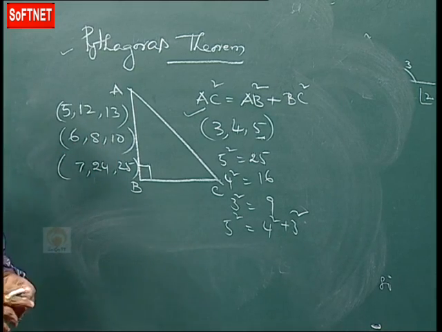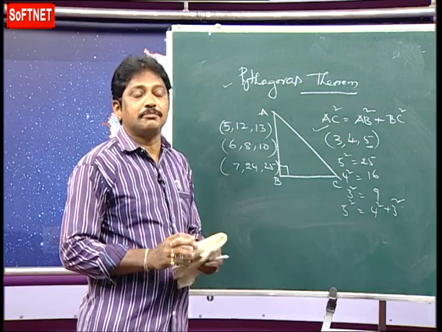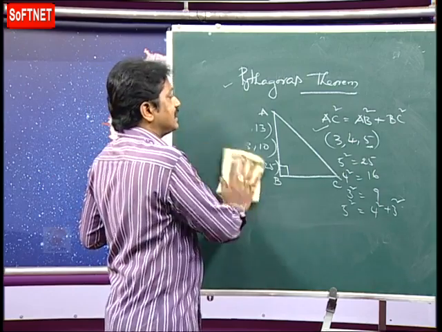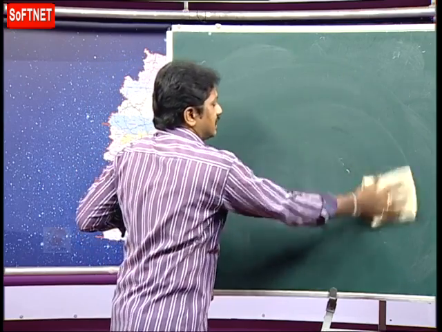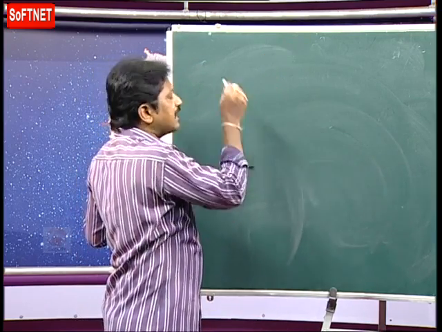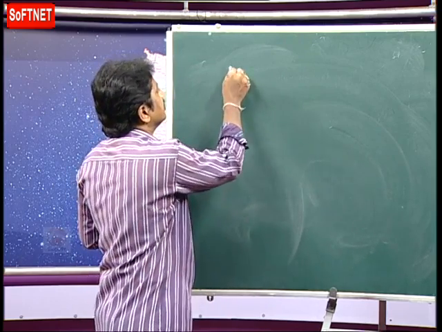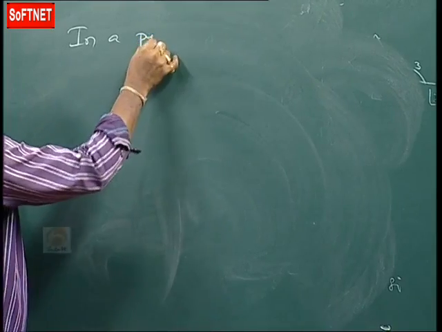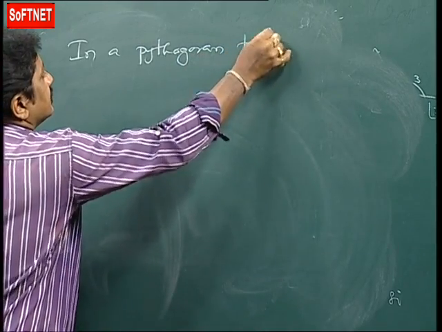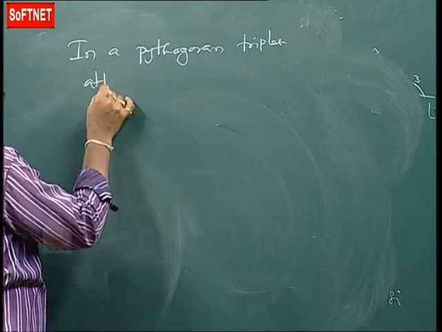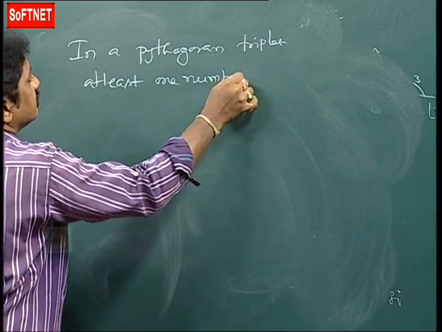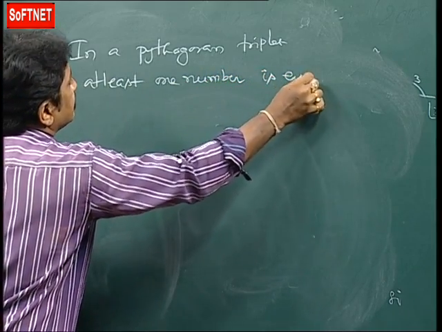And from this they may ask a very important question on the Pythagoras theorem, based on reasoning. So try it. The question is: in a Pythagorean triplet, at least one number is even.